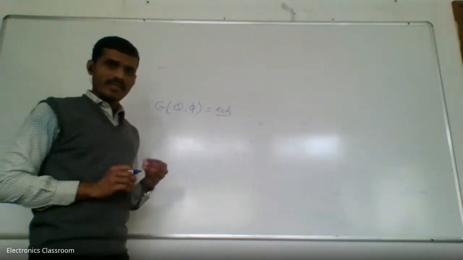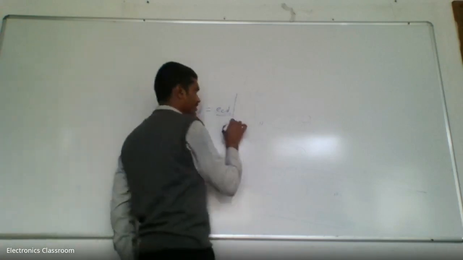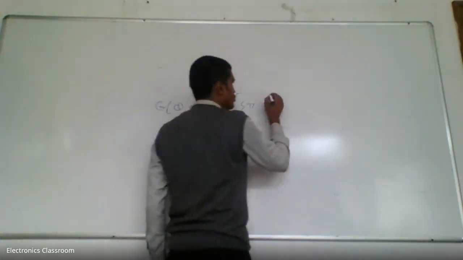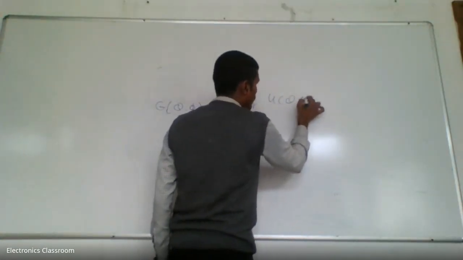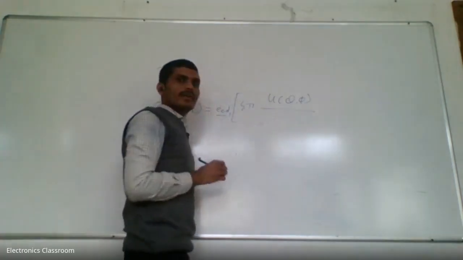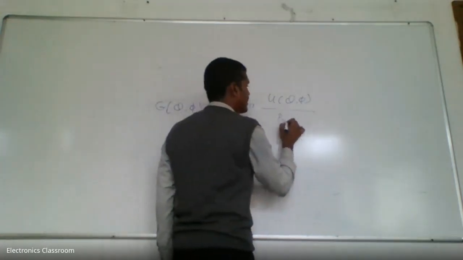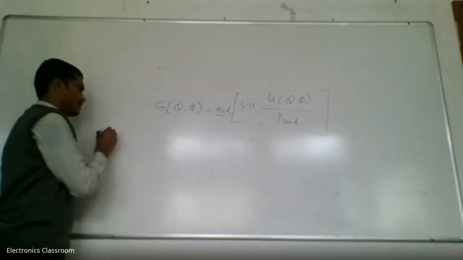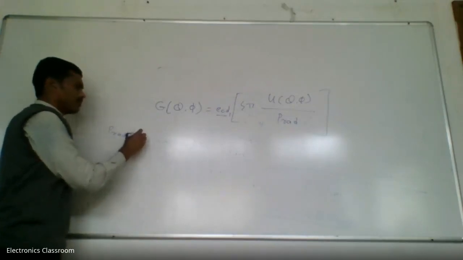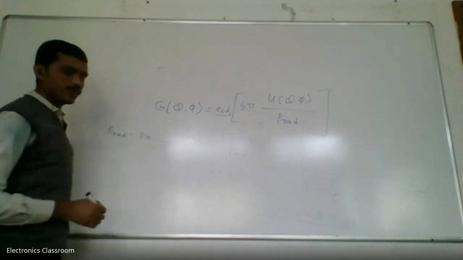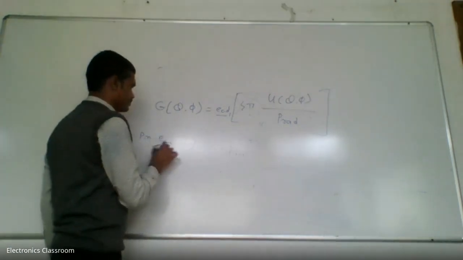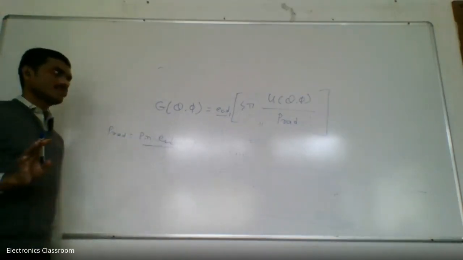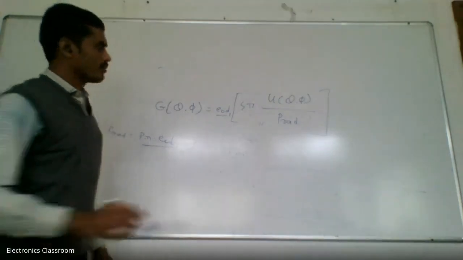Now ECD into 4 pi into U of theta comma phi, divided by P radian, where P radian is equal to P in into ECD. Okay, is that clear?